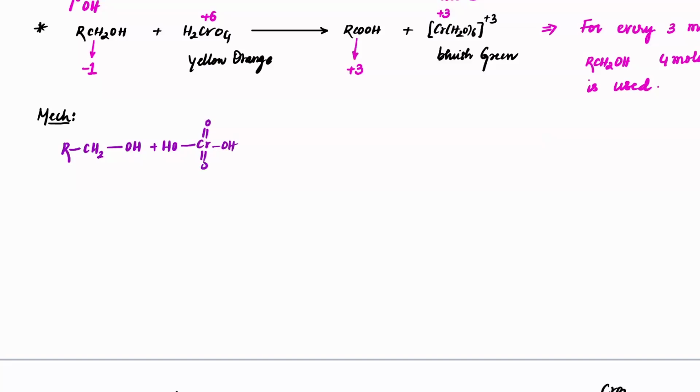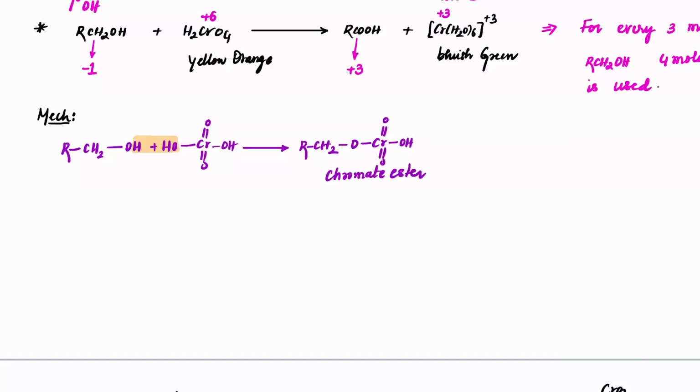Now, what would happen here is dehydration is the first thing that you will expect, and that is causing ester formation. This is very similar to esterification. So I'll get this as RCH2O with Cr double bond O, OH. What we get here is chromate ester.